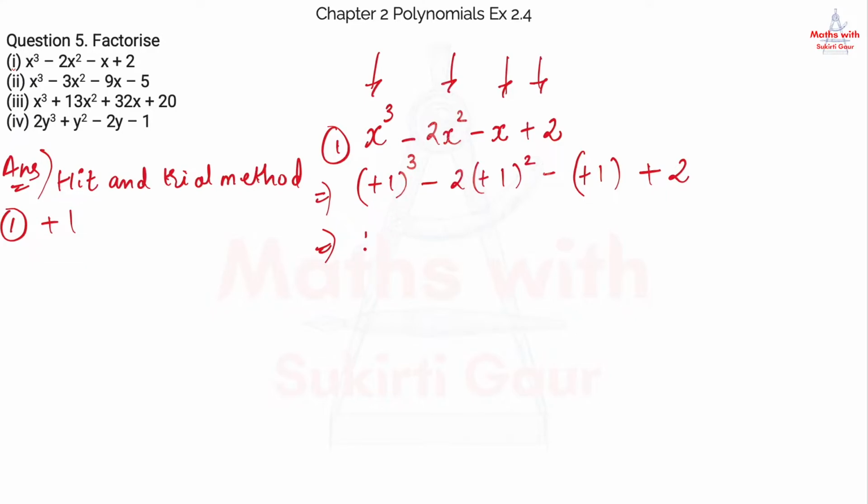So plus 1 cube is 1, minus 2 into 1 square is minus 2, minus 1 and plus 2. Now here you can see minus 2 and plus 2. Can we cancel them out? Yes. And here also plus 1 and minus 1. Can we cancel them out? Yes. So we are left with 0.